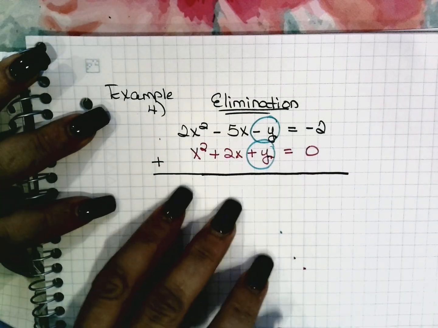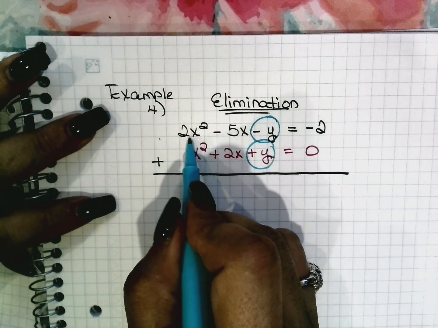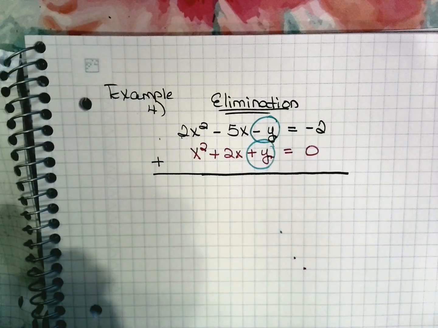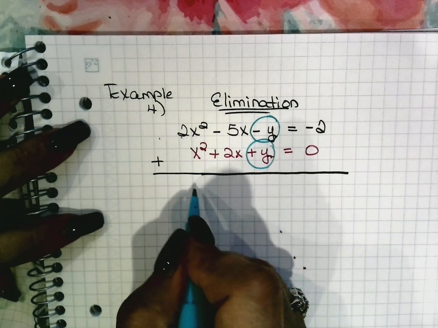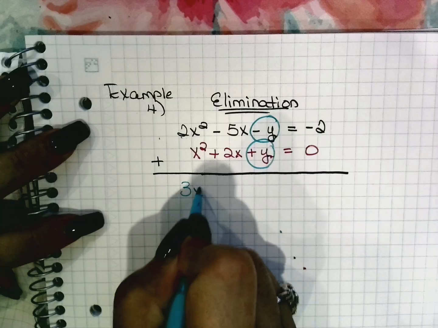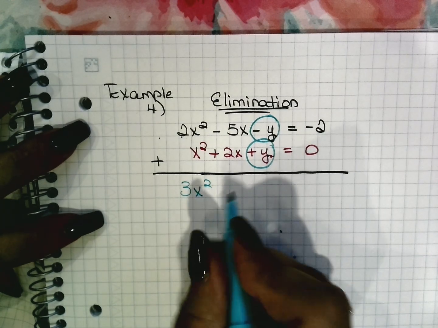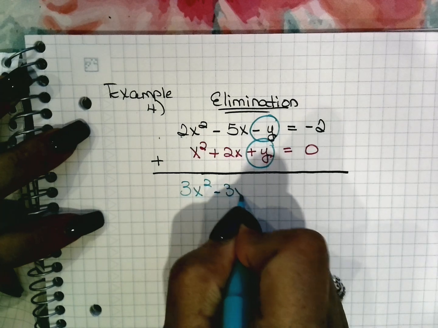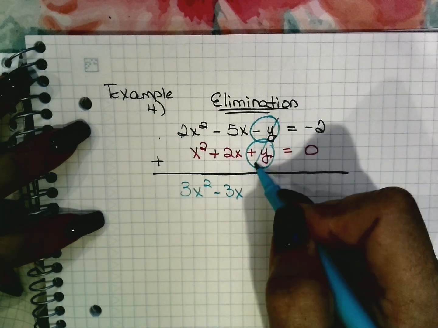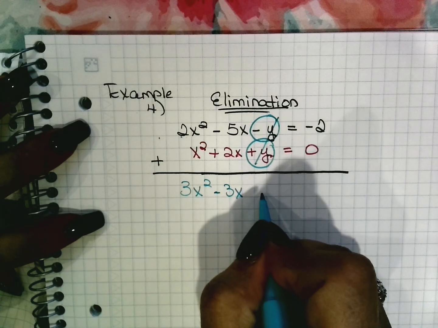So I'm going to add these two quadratic functions. You add like terms to like terms. So 2x squared plus x squared, that's 3x squared. Then you have negative 5x plus 2x, that's negative 3x. These guys go to 0, which is exactly what you want.